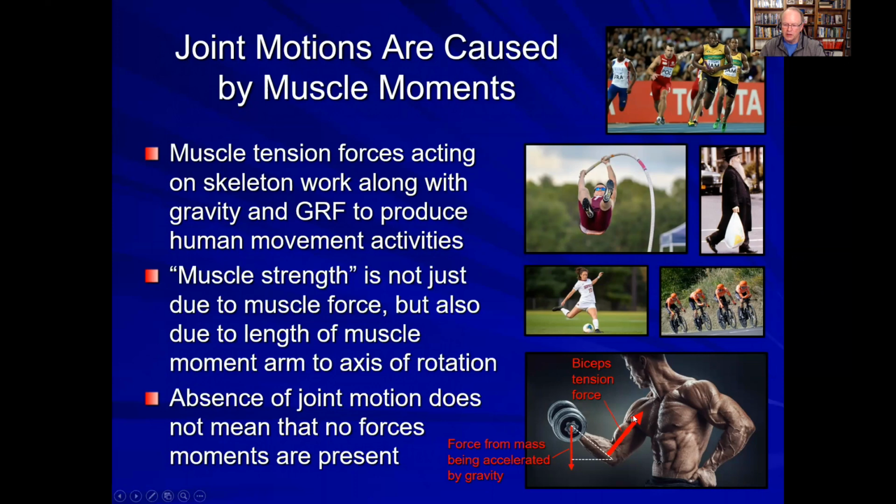But in order for that gentleman to hold his elbow at a fixed flexed position, he's going to have his elbow joint flexors creating a tension force. So you can see how this little free body diagram analysis of a dumbbell being held up in a static position by this weightlifter shows that just because we see no motion does not mean that no forces or moments are present.